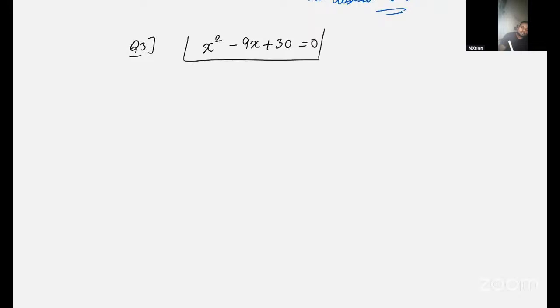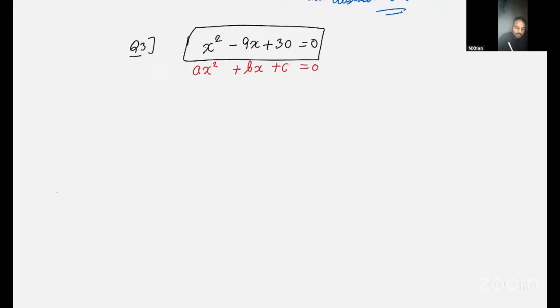Abraham, first of all, what is the first step? We have to find what a, b, and c are. How will we find them? With the help of the standard form of the quadratic equation. You got this? Say yes or no.